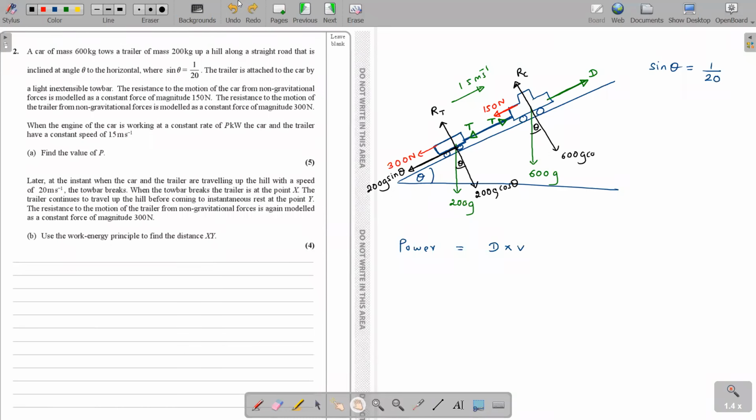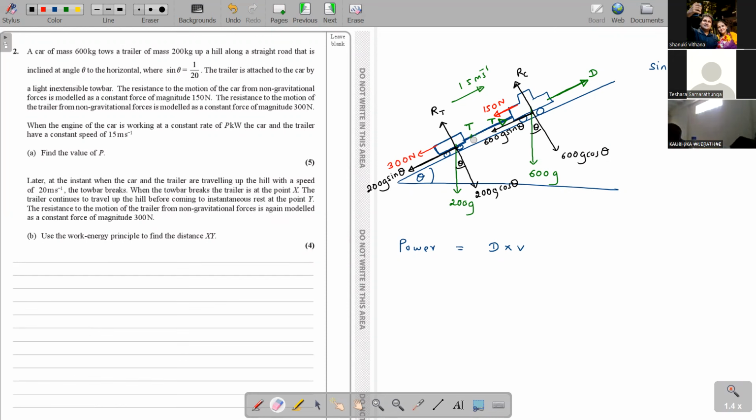I think I have marked the thrust here, right? Tension is a pulling force, so this needs to come the other way.